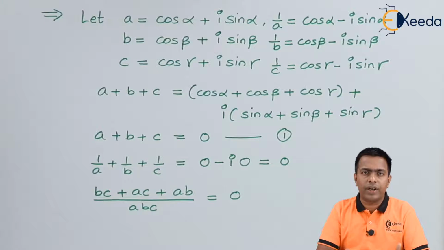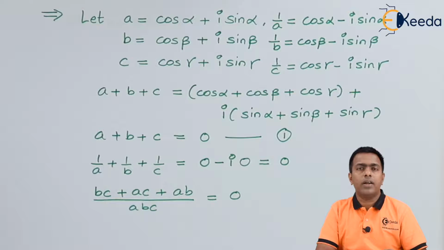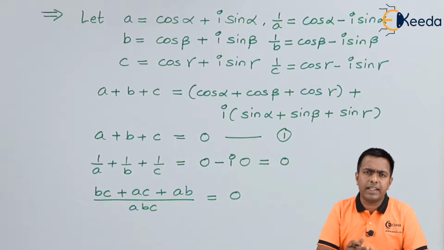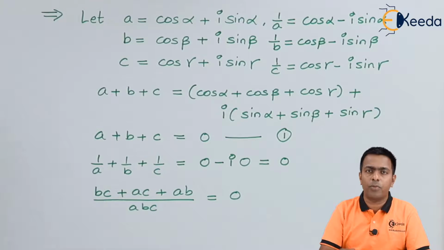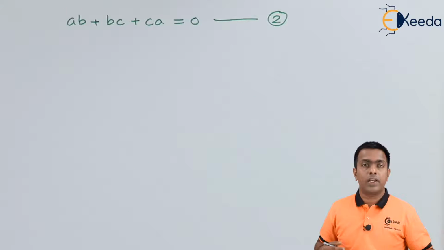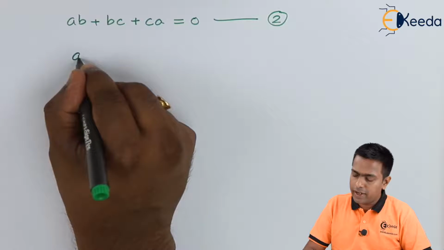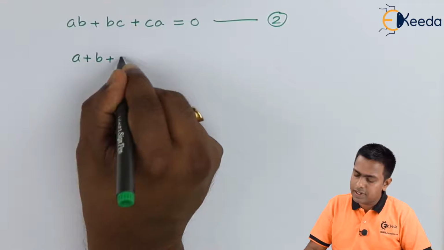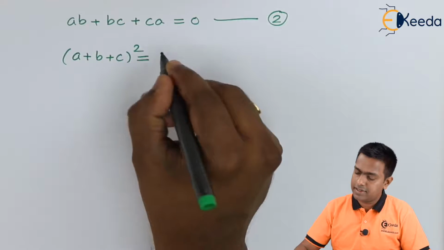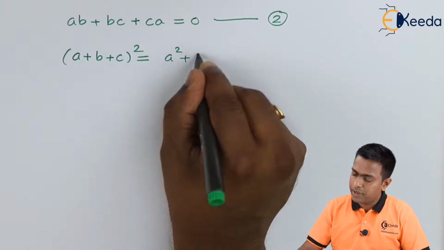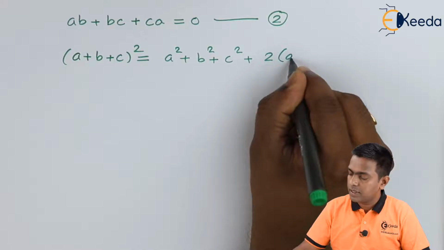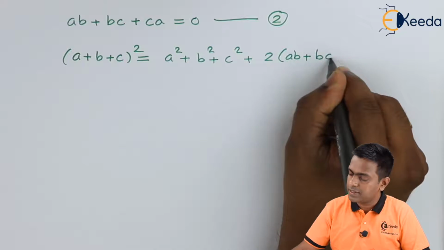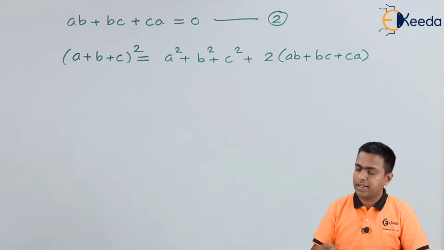So what we'll do here is, we will take one algebraic formula, and in that algebraic formula we'll substitute the value. So I'll take the algebraic formula in terms of A, B and C. Here I'll say the value of A plus B plus C the whole square is given as A square plus B square plus C square plus 2 times AB plus BC plus CA.